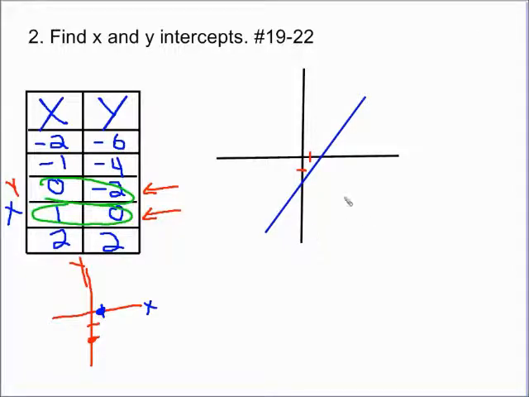In this example, to find the x and the y-intercept, I'm looking at the y-axis right there. That's where the line crosses the y-axis, and that's -2. I'm looking for the x-axis, so I follow that around. Oh, right there. And that's positive.